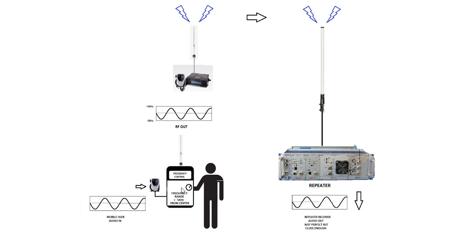What the transmitter does is it produces a continuous amount of power, and the only thing that changes is that the frequency goes up and down in synchronicity with the audio coming in.